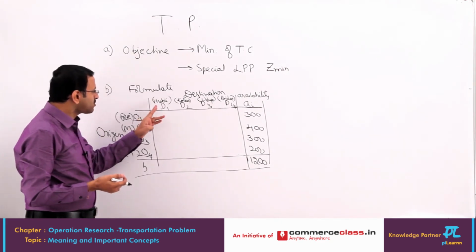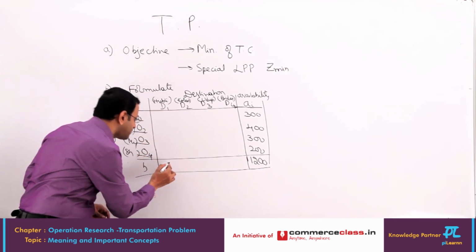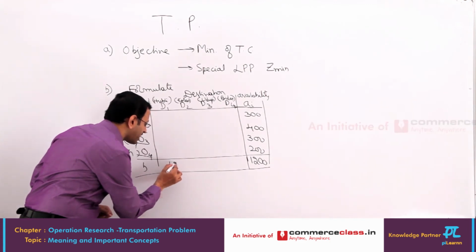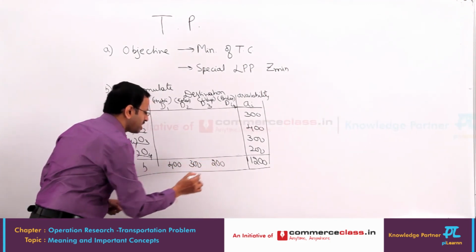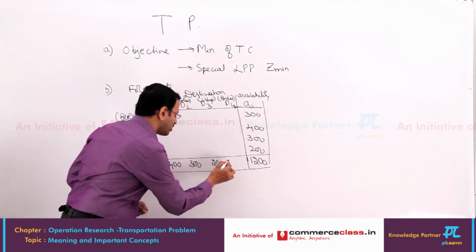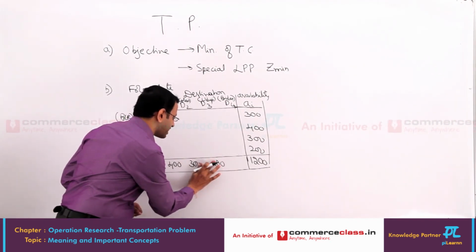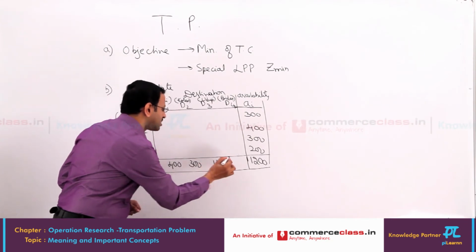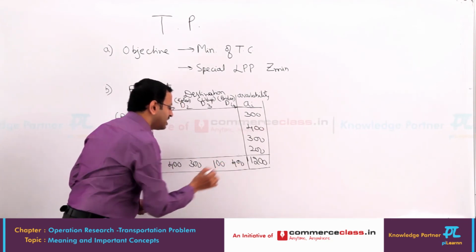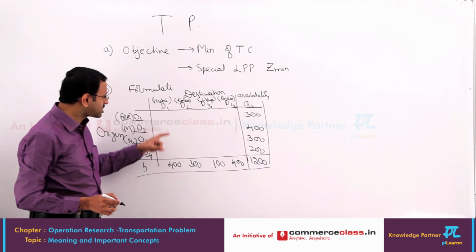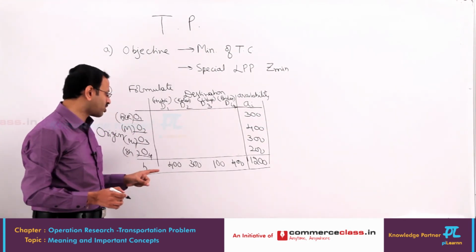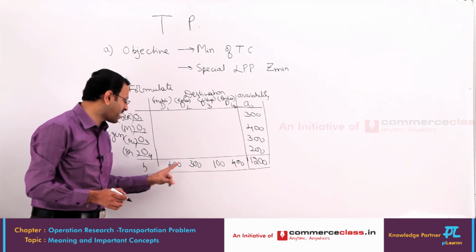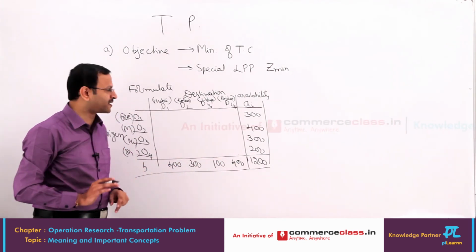Now, assume the requirement in each one: 400, 300, 200, and let me take 100 here, and it is 400. So these are all the goods required in the 4 different destinations. What is the total altogether? 4 plus 4, 8 plus 4, 12, 1200.